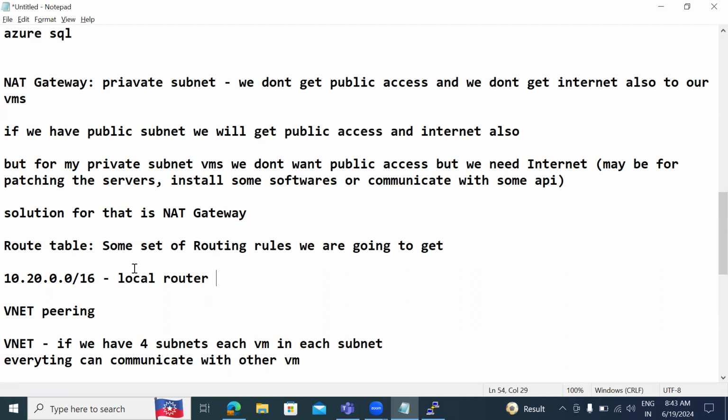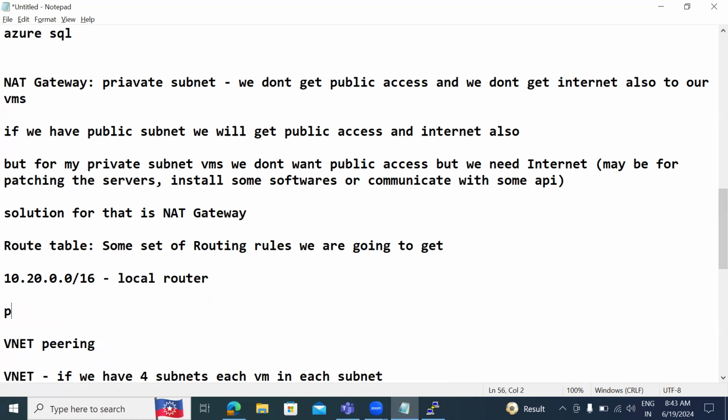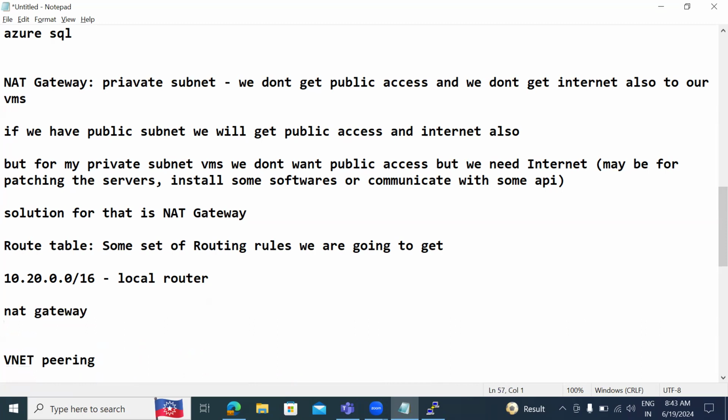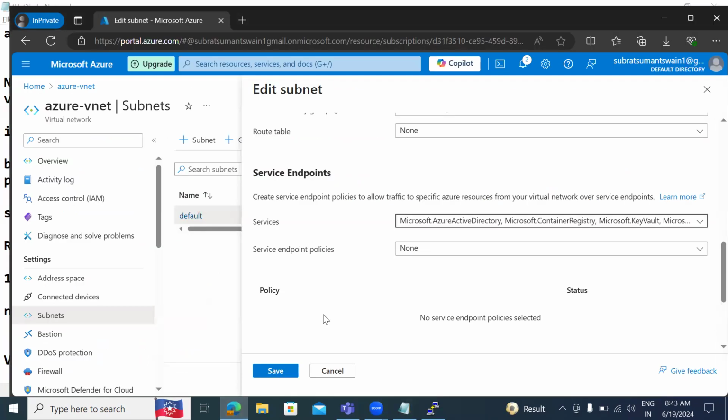Then we need to edit the route table if maybe I want to attach a NAT gateway, or maybe VNet peering, then we need to give more rules to the route table. By default, we are getting route tables also. I'll show those.